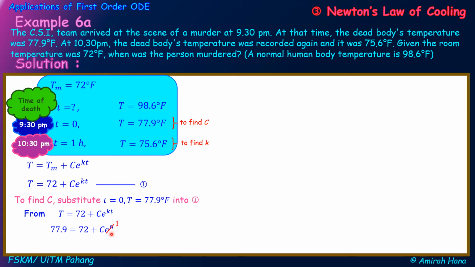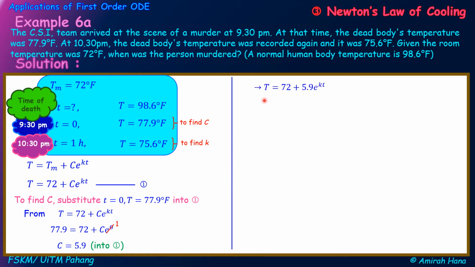After that, e to the power of 0 equals 1. Then we move 72 to the left-hand side, so we get 77.9 minus 72, so C equals 5.9. And then we substitute back into equation 1.